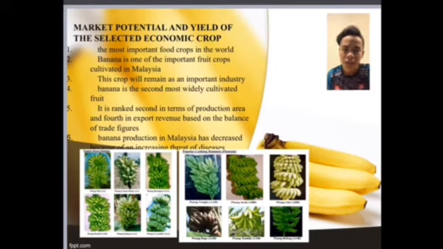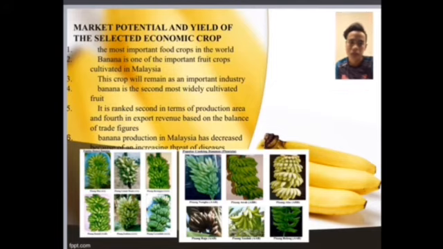The popular dessert cultivars are mas, banana lemak manis, berangan, Cavendish, while the popular cooking cultivars are nangka, pisang raja, pisang awak, pisang abu, pisang tanduk and pisang relong. The banana products are consumed locally and about 10% is exported, mainly to Singapore, Brunei, Hong Kong and the Middle East.